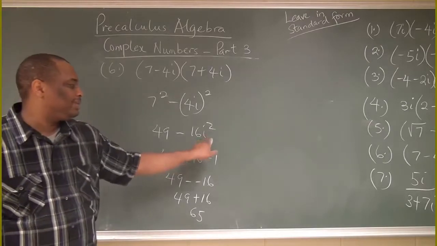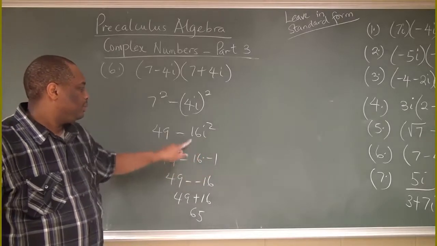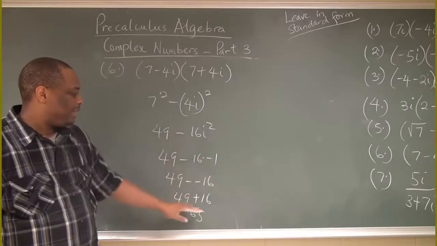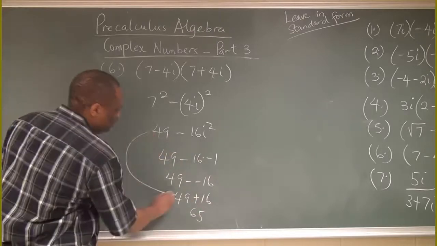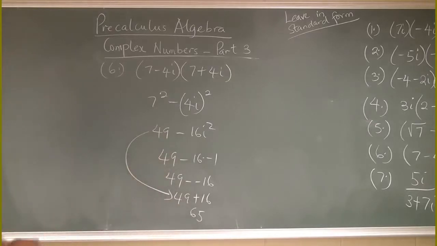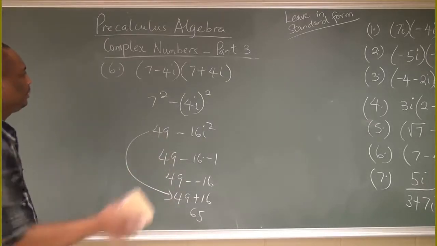Just know that i squared is minus 1. Some people will skip this step and just write 49 plus 16 immediately, because i squared is minus 1. If you want to use FOIL for that, that's fine.